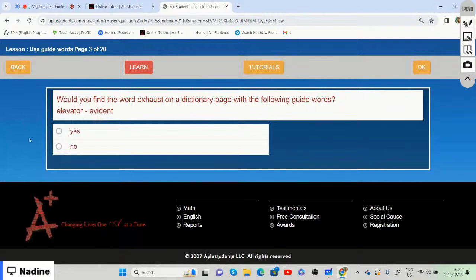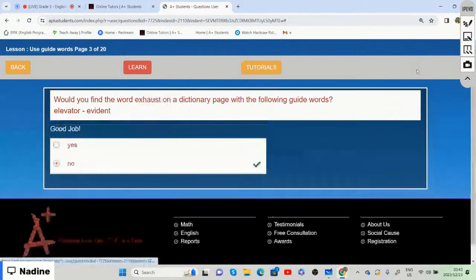So elevator is EL, right? And then evident. So basically, exhaust comes after evident, which means that no, exhaust will not be on that specific page.